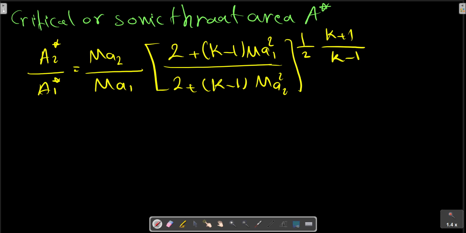The next section: let me summarize the shock wave properties or specifications as follows.